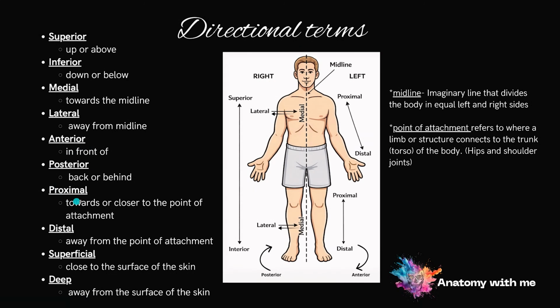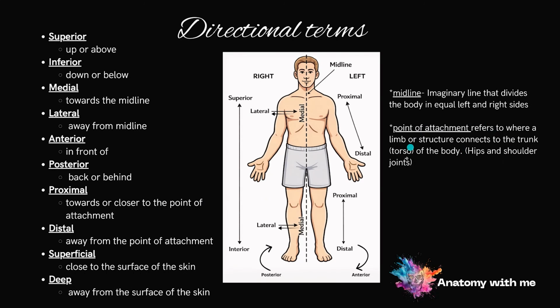The next two, proximal and distal, I want you to only use when we are referring to 2 points on the same limb. The same limb can either be an arm or a leg. These two refer to being either closer or further away from the point of attachment.